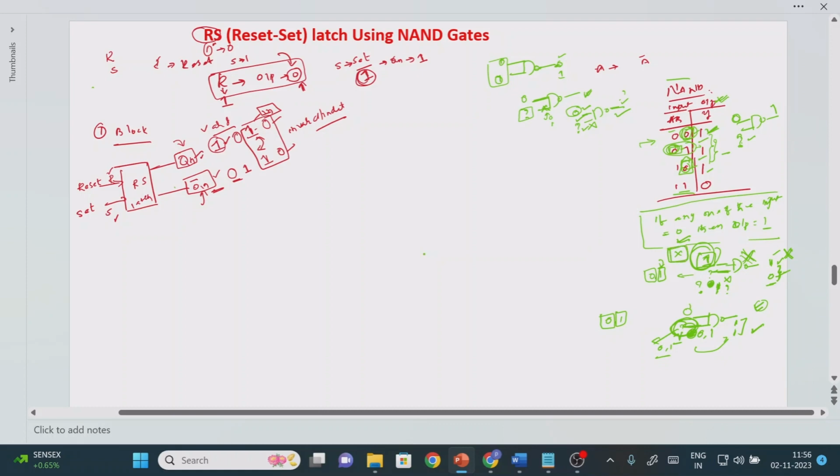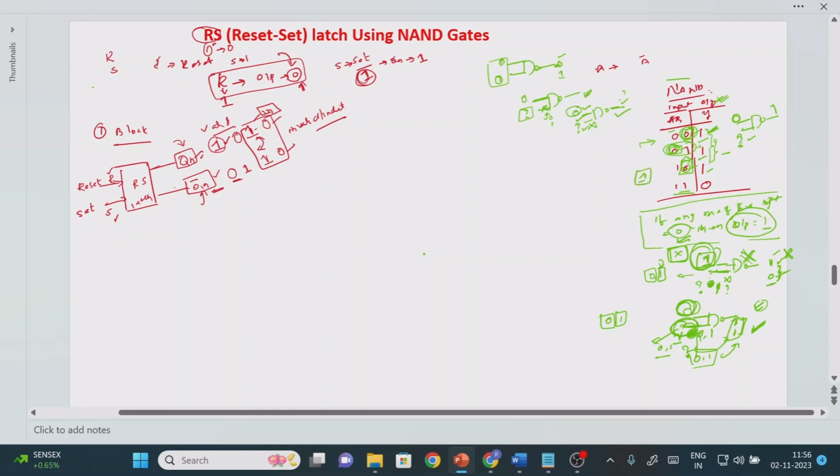But if any one of the inputs equals 0, according to the NAND gate truth table, even without knowing the second input terminal value, we can find the output. Why? Because whatever the possibility of the second terminal, 0 or 1, you will get the same output. So remember the concept: if any one of the inputs equals 0, without knowing the second terminal value, we can decide the output equals 1.